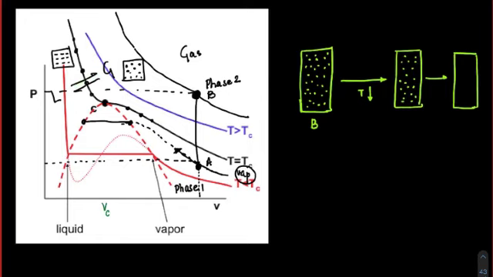You would start seeing suddenly one or two droplets here, and the rest will all be gaseous phase, like this. This is the phase which you have, correct?